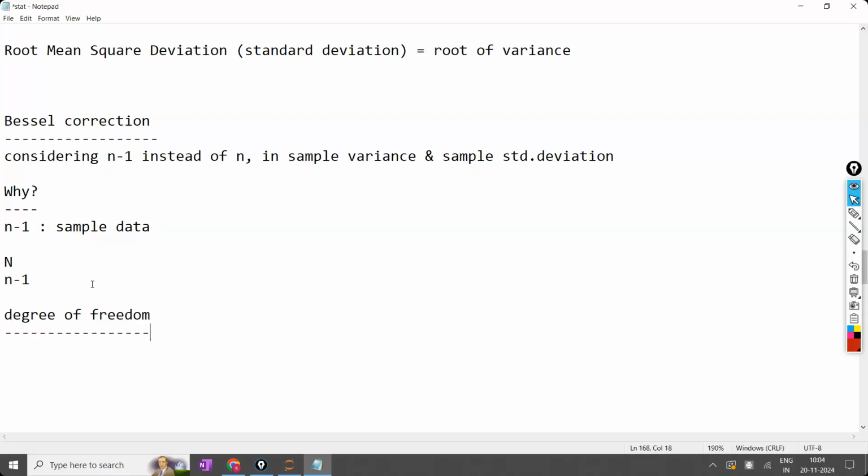Let us take an example: x plus y plus z is equal to 30. What are the different possible values of x, y, z? You have an infinite number of options. 10, 10, 10 is one option. 1, 9, 20 is one option, 2, 8, 20 is another.